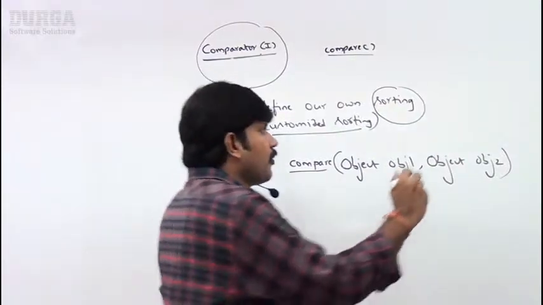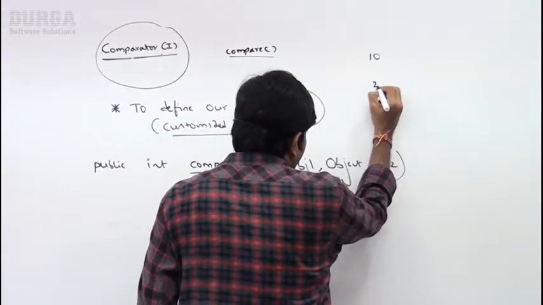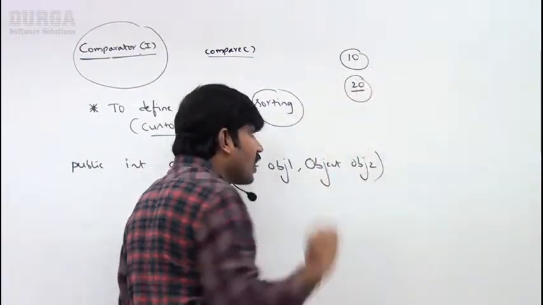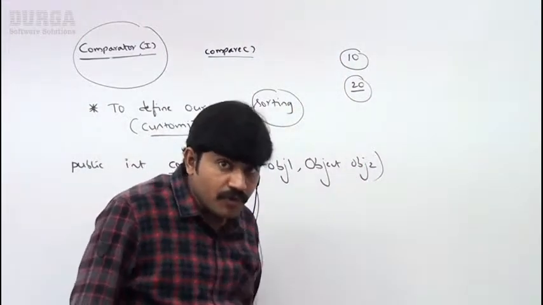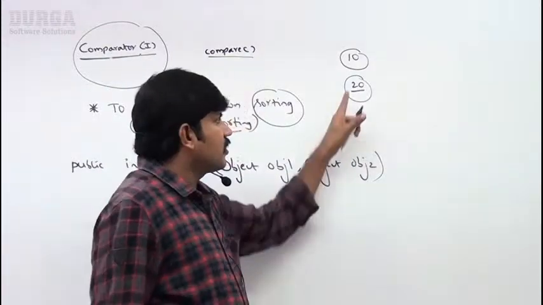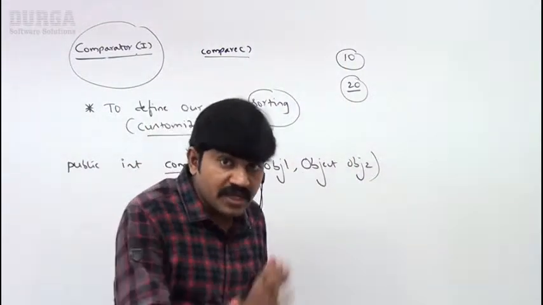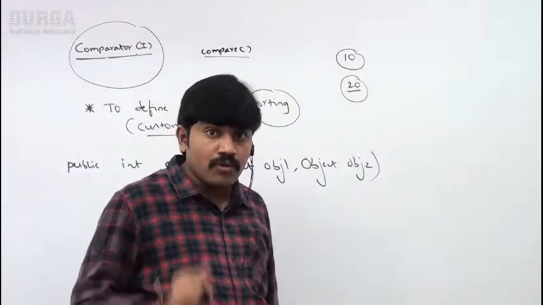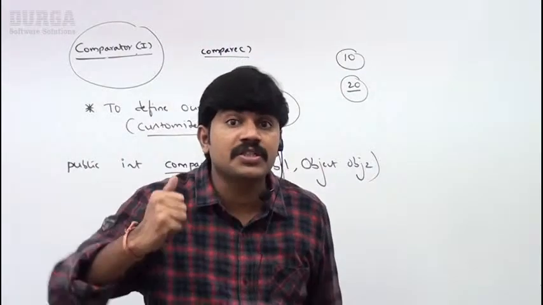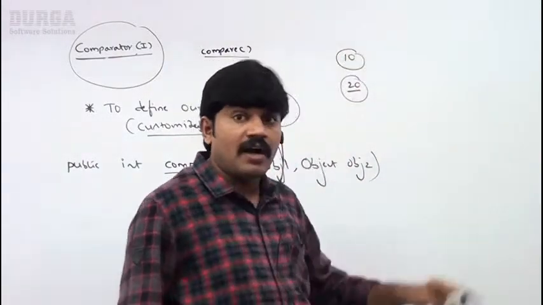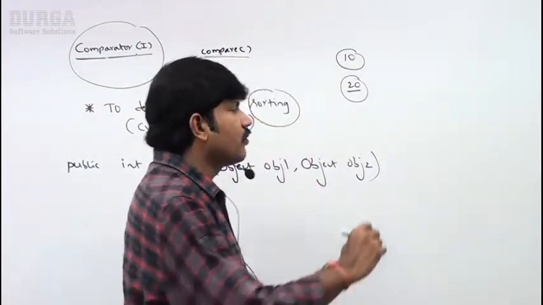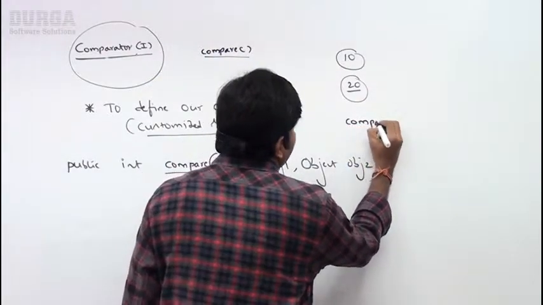Suppose first I provided 10, second 20. Should 20 come after 10, before 10, or are both equal? As human beings, in ascending order 20 should come after 10. But the JVM is not a human being, so how can it decide? Internally, wherever sorting is required, the JVM calls the compare method.